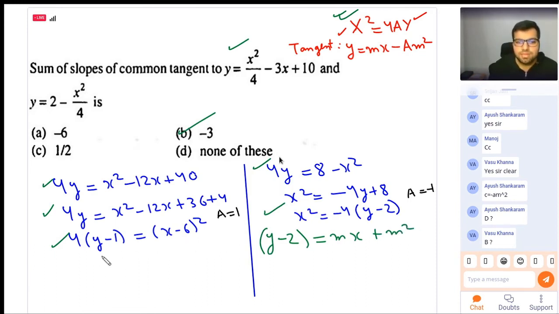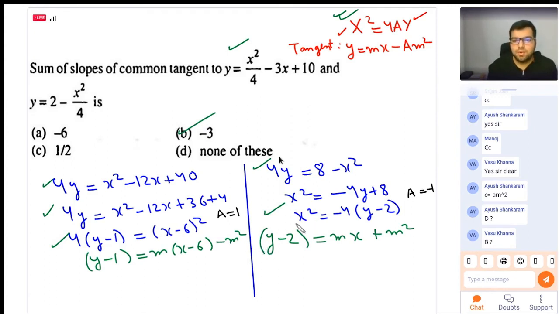Similarly, for this, the equation of tangent will be y minus 1 equals m into x minus 6, minus m square. Okay, so essentially, since both are common tangents, these two equations are the equation of the same line. So we just have to compare them.